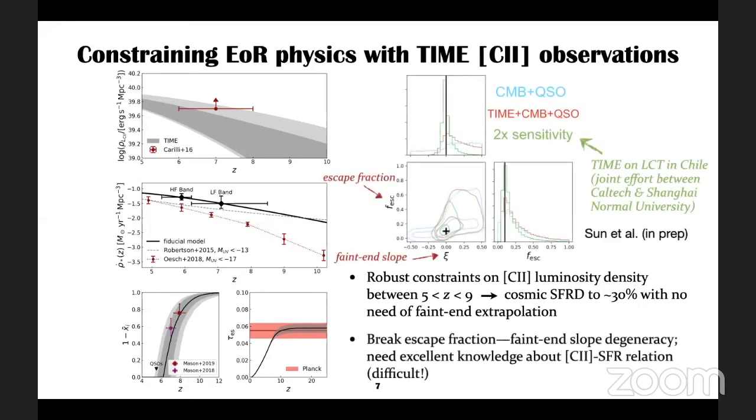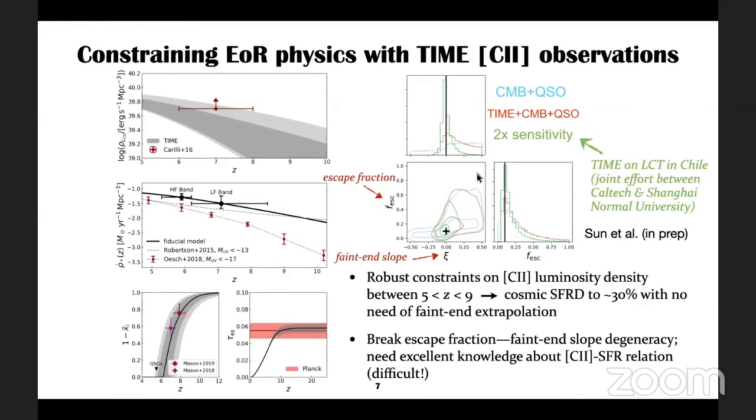And then the most interesting application of TIME results to the EoR science is probably in terms of breaking the degeneracy between the average escape fraction of ionizing photons and the faint end slope of the galaxy luminosity function. As you can see in this corner plot, the blue contour represents the constraining power from just the CMB optical depth plus quasar absorption spectrum.